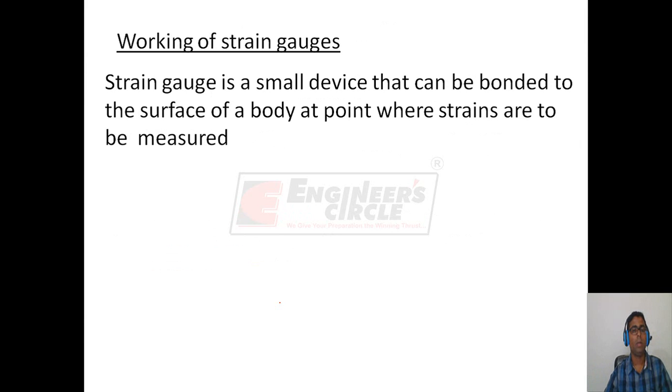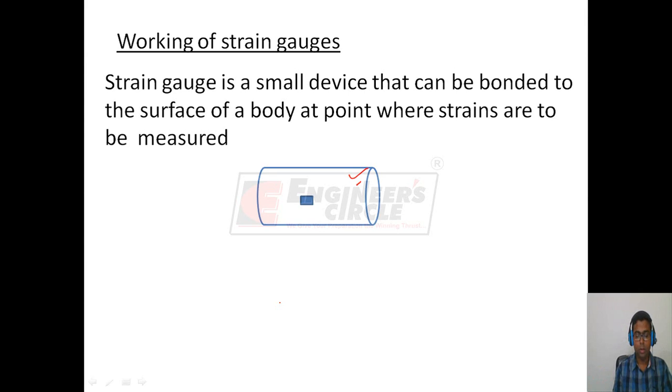Now let us understand the working of strain gauges. A strain gauge is a small device that can be bonded to the surface of a body at a point where strains are to be measured. Like this. This is the body. On this body, suppose strain is to be measured at the point A. Then we will bond a strain gauge at point A, like this.